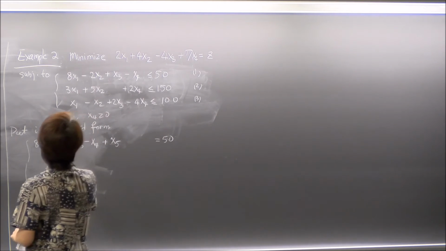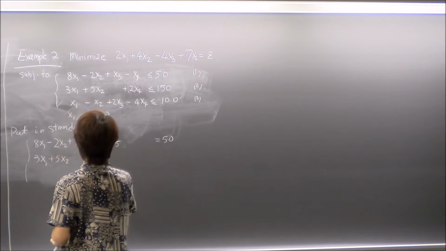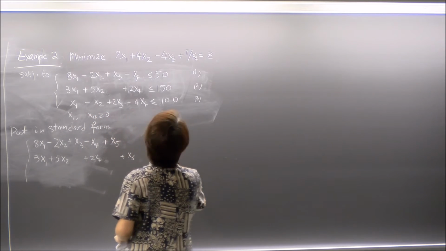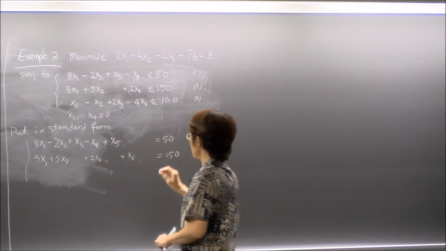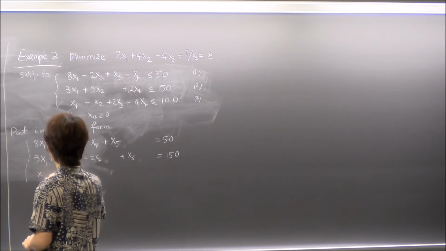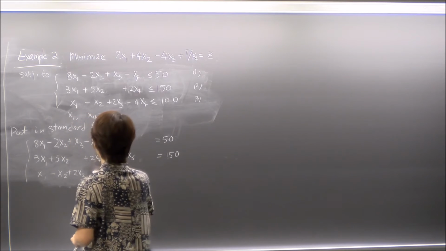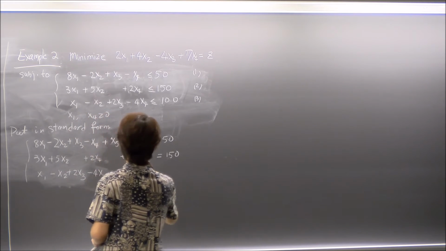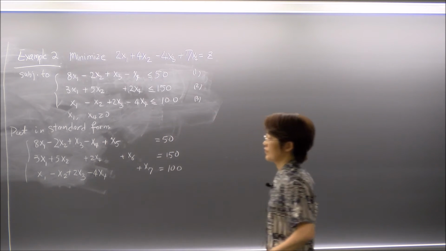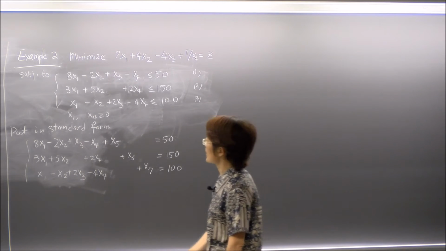And then for the second one, I introduce x6, all right? And the third one, you know the drill. Okay, so that's the constraints, and I will put the objective function down here.